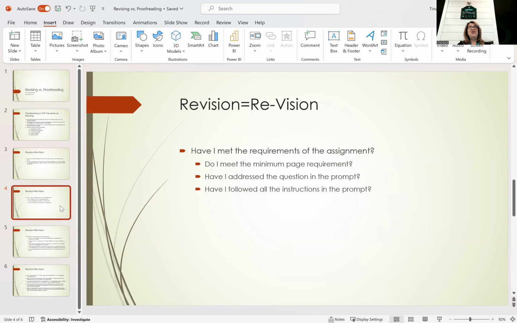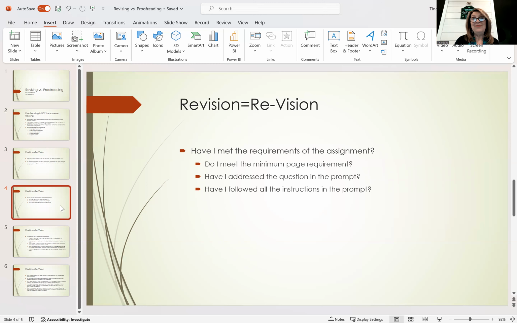So what are the questions that we ask when we're doing our revising process, right? So the first thing that we consider is, have I met the requirements of the assignment? Okay, if you have written a paper that does not answer the prompt, there's going to be a holistic change in your essay, right?